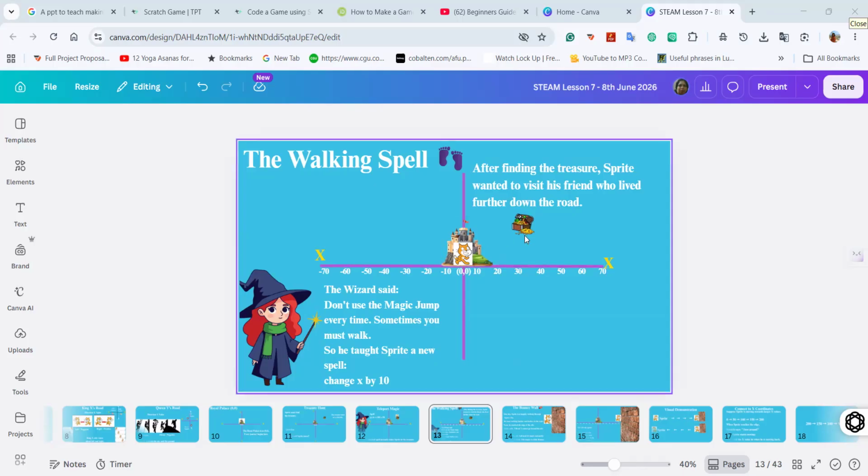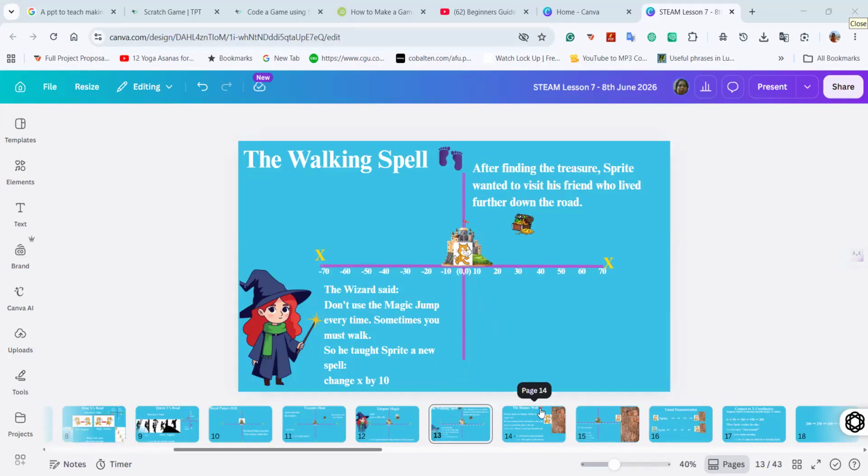It jumped to take the treasure. Then it came back again. And now the wizard, what did the wizard do? It gave a magic spell and asked the sprite to jump 10 steps ahead. Remember that point? So we move to the next one.